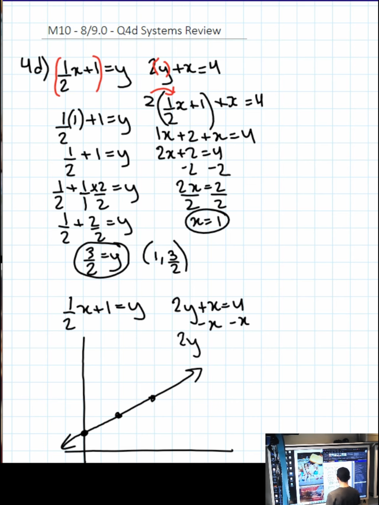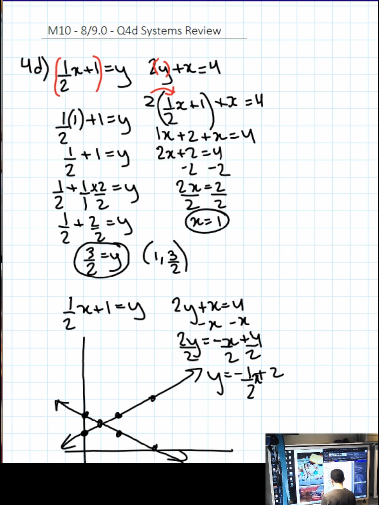Therefore, 2y will equal negative x plus 4, divide both sides by 2, and we get y equals negative 1/2 x plus 2. And that's a y-intercept of 2 and a slope of down 1 over 2. And we can clearly see that we have an intersection point at 1, 3 over 2, or 1.5, confirming that our answer is correct from above.